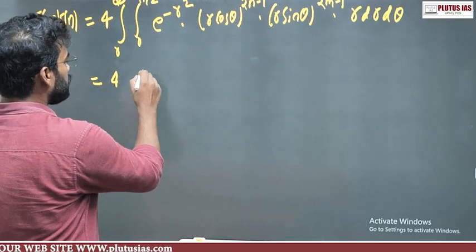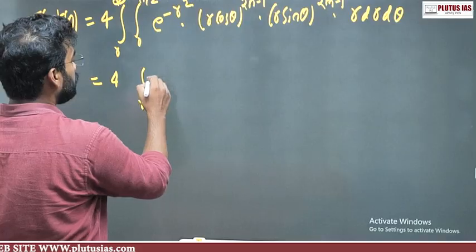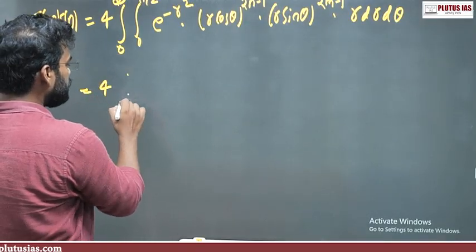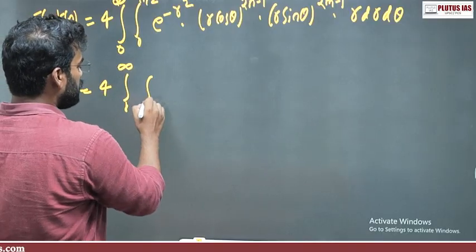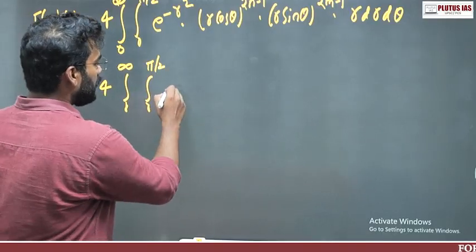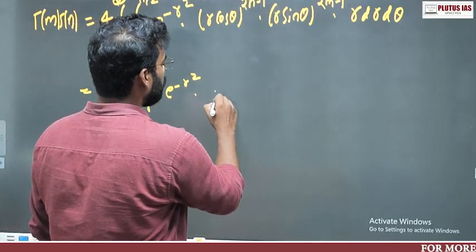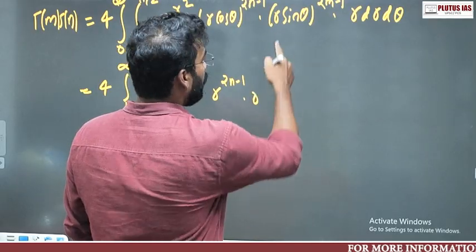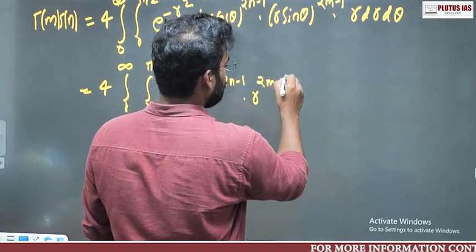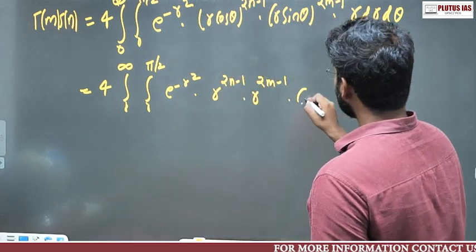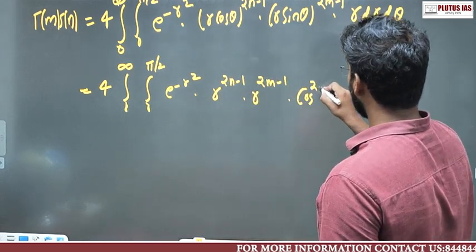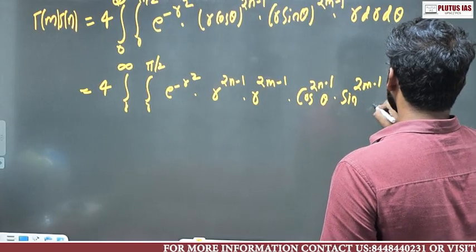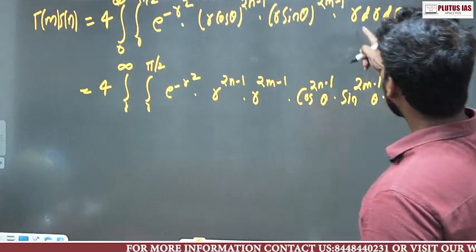So 4 times the integral with r from 0 to infinity and theta from 0 to pi by 2, e to the power minus r square into r to the power 2n minus 1, r to the power 2m minus 1 into cos to the power 2n minus 1 theta into sin to the power 2m minus 1 theta into r dr d theta.